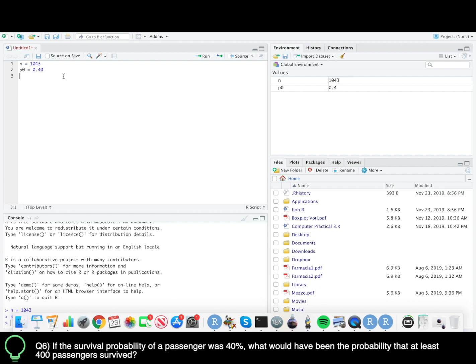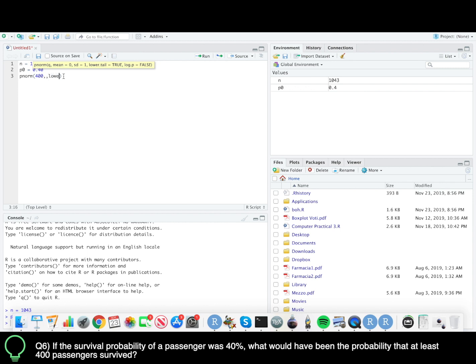So it is a binomial distribution, but it can be approximated by a normal distribution. So to calculate the probability for at least 400 passengers to survive, what I'm asked for basically is the probability for a normal distribution to be higher than 400.